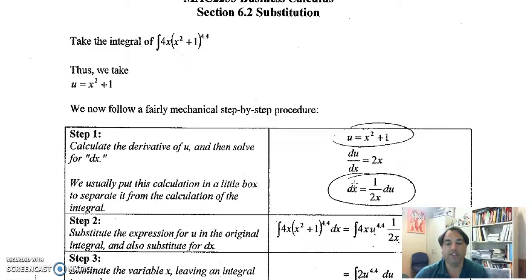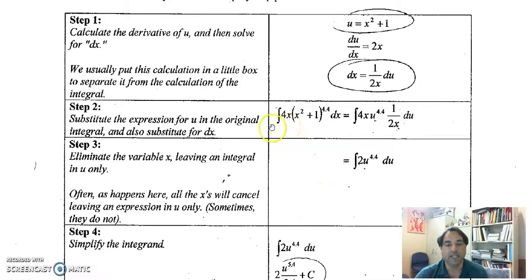Then we do our substitutions. Remember, the whole point is we're starting with something complicated, the integral of 4x times (x squared plus 1) raised to the 4.4 dx, and hopefully it ends up with something simpler. So instead of x squared plus 1, we put u, and instead of dx, we put 1 over 2x du.